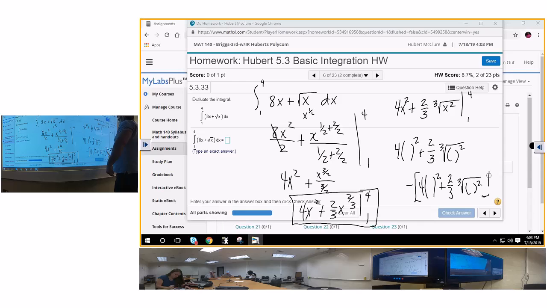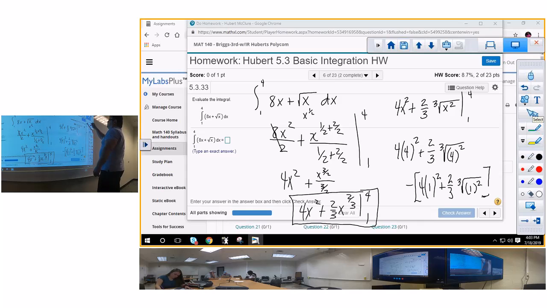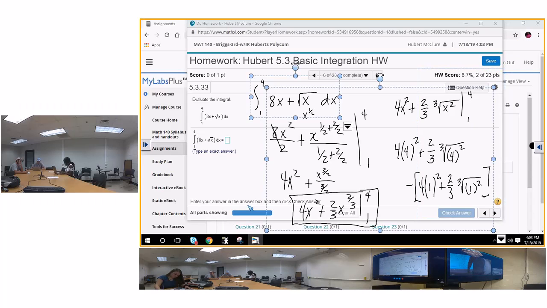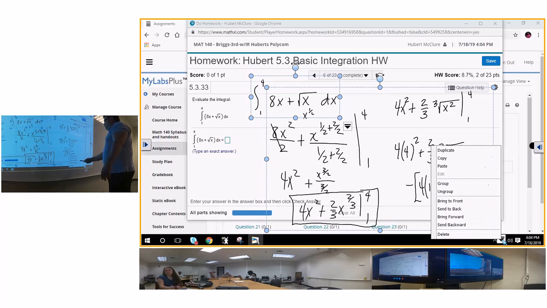And of course 1 goes here and 4 goes here. And I'm going to make all that small. There it is.